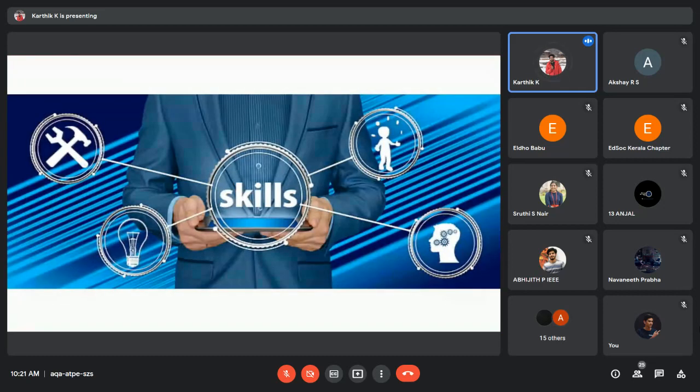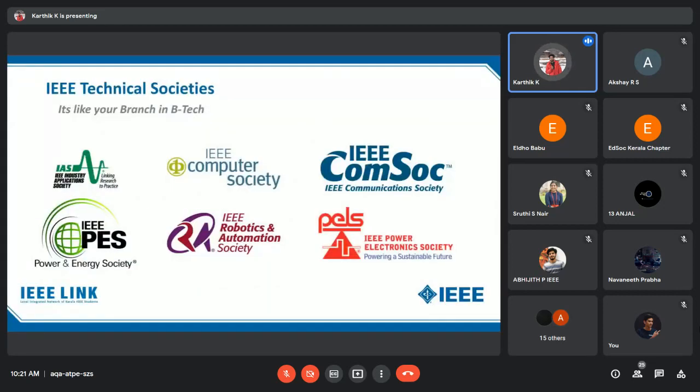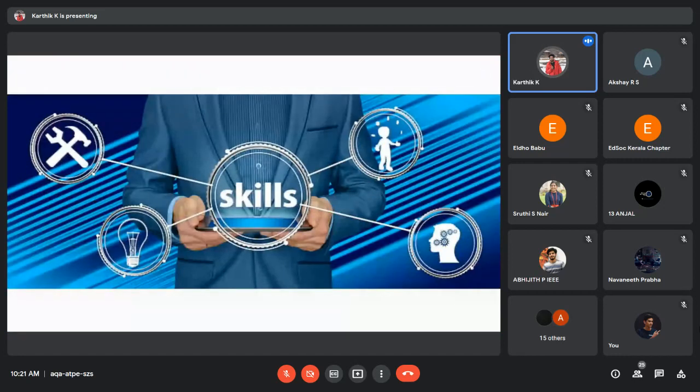So what is IEEE providing for its members? Skills. Skills are the important aspect of IEEE or anything. If you are going for a job or into a research sector, everywhere you need skills.